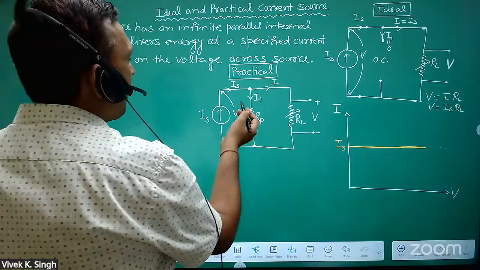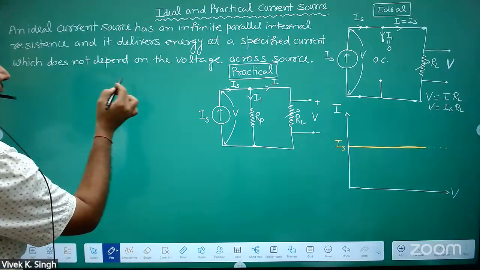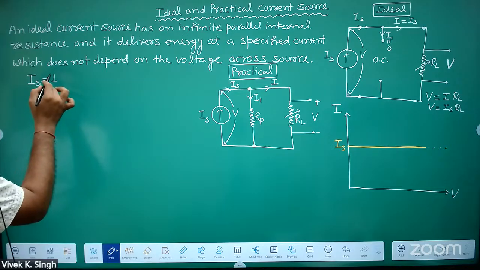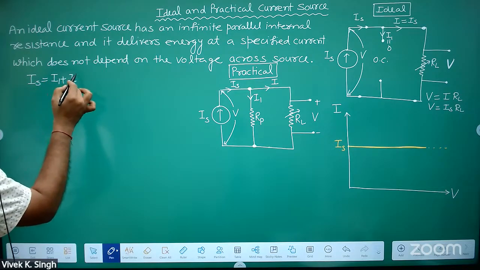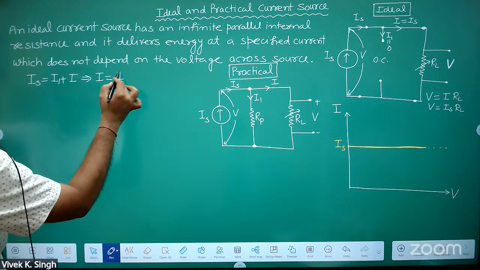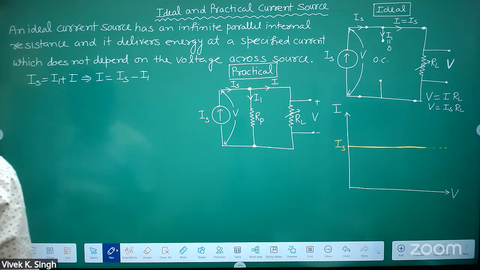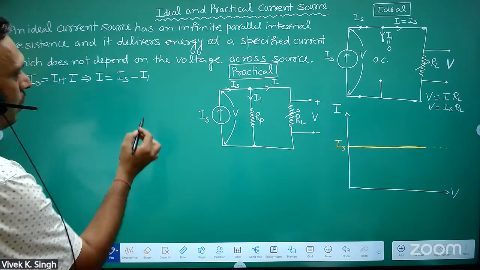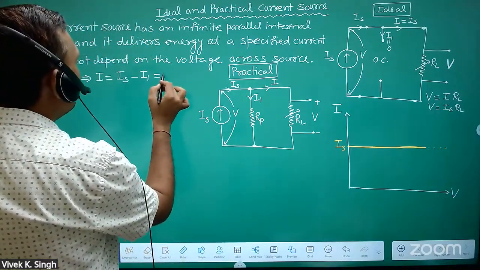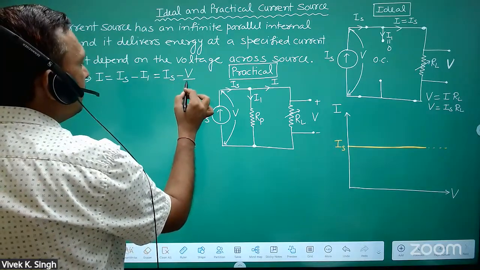Okay. So we will talk about current division rule. But you should note it here that in this situation, this IS is equal to I1 plus I. So this I will be given by IS minus I1. ठीक है, और I1 की वैल्यू क्या होगी, वोल्टेज अक्रॉस दिस डिवाइडेड बाय आरपी. तो ये क्या हो जाएगा, देखो I1 is V by RP.